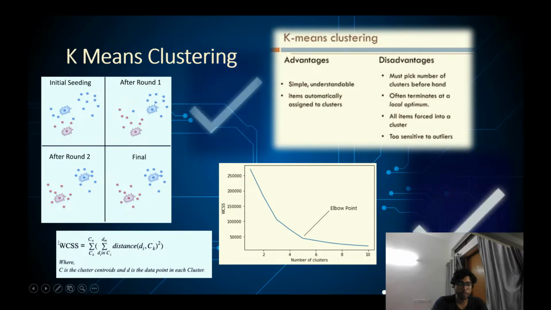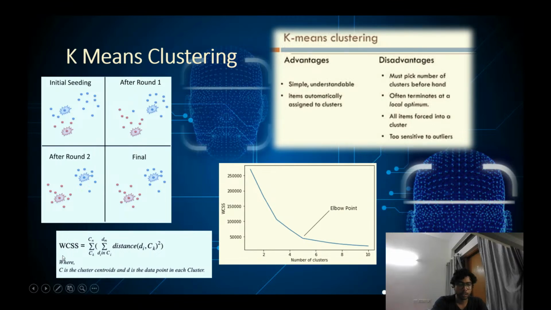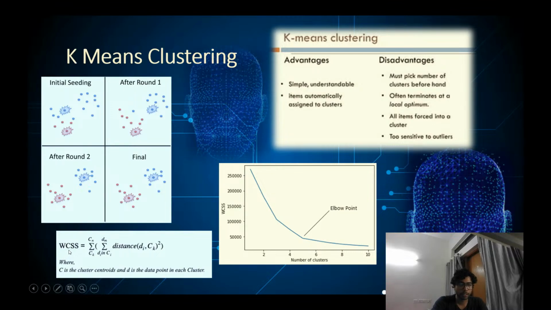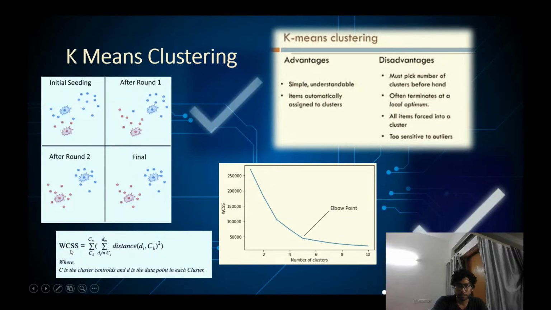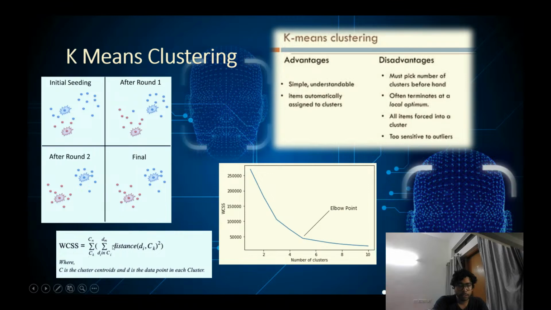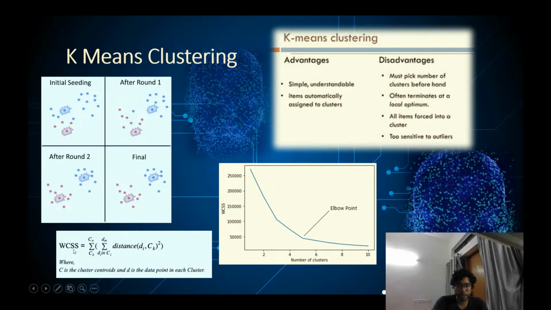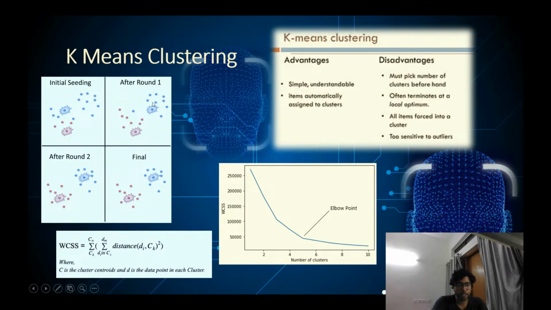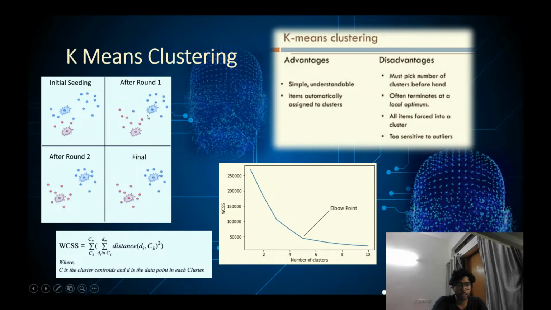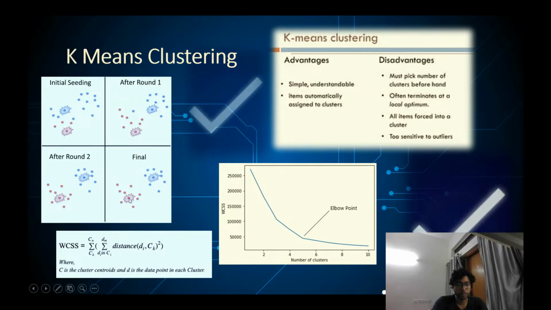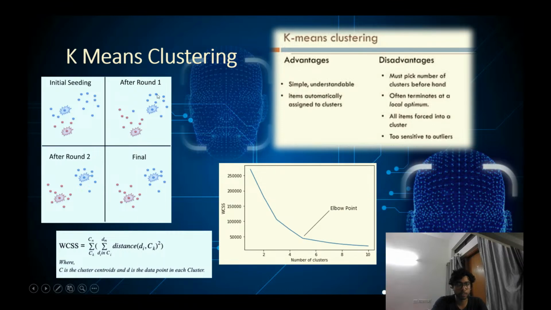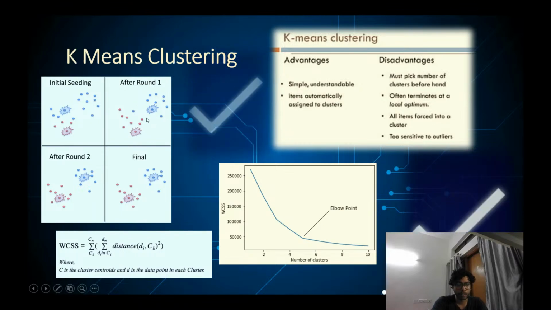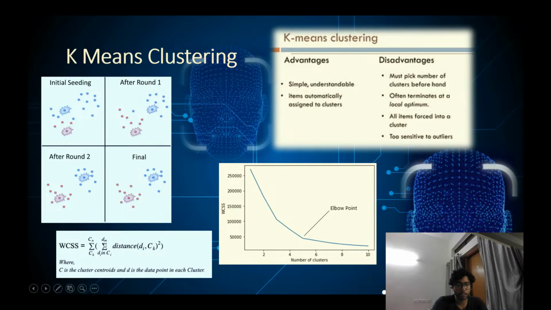There is a term called WCSS, which is called the weighted cluster sum of squares, right? So what is that weighted cluster sum of squares? It is calculated by taking the distance of each point from the center of the cluster, squared, and then you sum it over all the points in the cluster, and then sum across all the clusters, right?